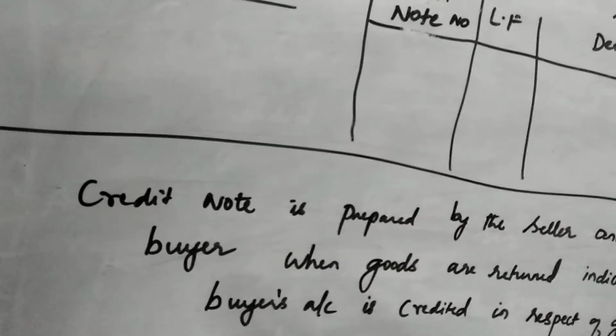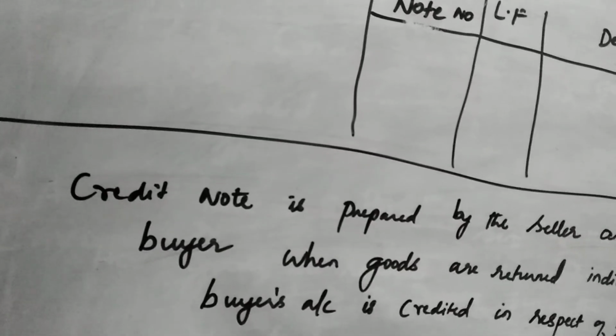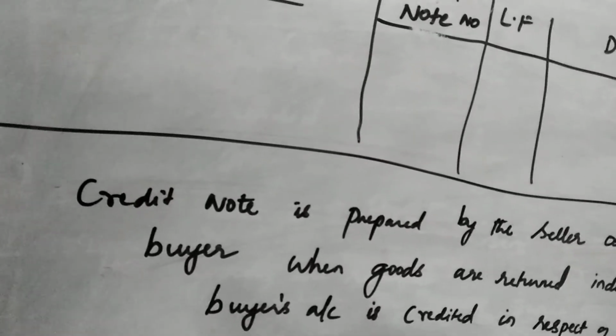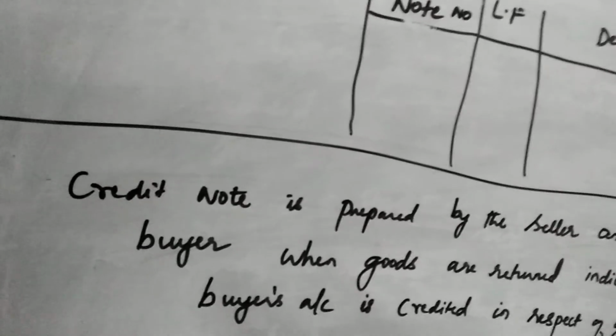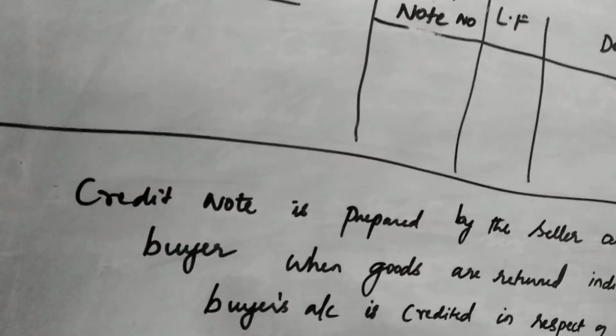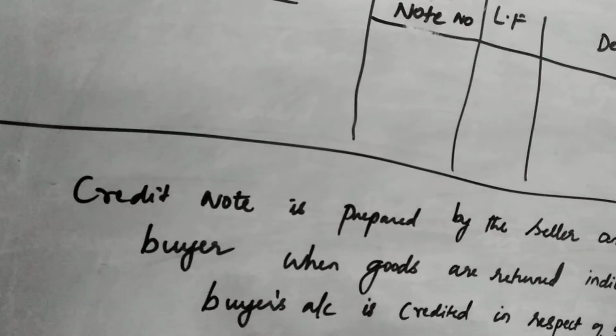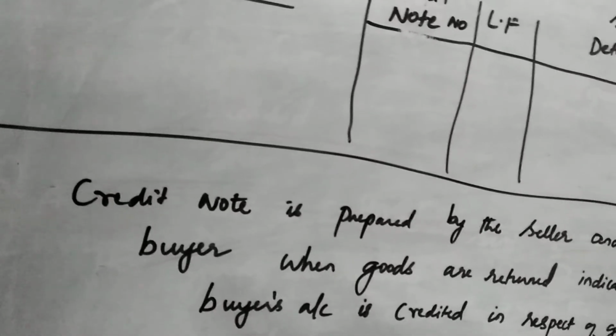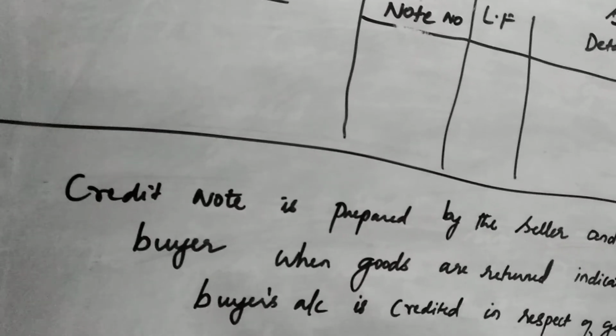So we have seen the format of purchase day book, format of sales day book, format of purchase return book, format of sales return book. With this, we shall move on to the exercise problem. Now I will take the bills receivable and bills payable book later.